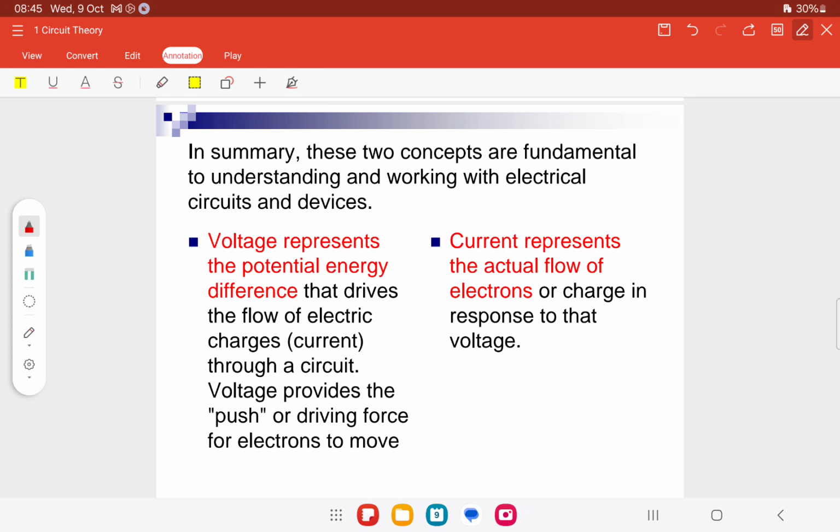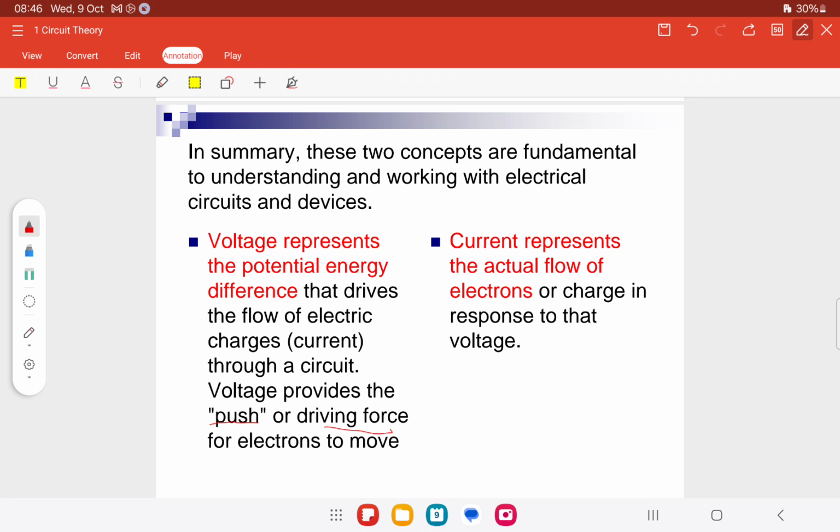Okay. In summary, these two concepts are fundamental to understanding and working with electrical circuits and devices. Voltage represents the potential energy difference that drives the flow of electric charges in the circuit. It provides the push or driving force because it is the source. It comes from the source voltage.